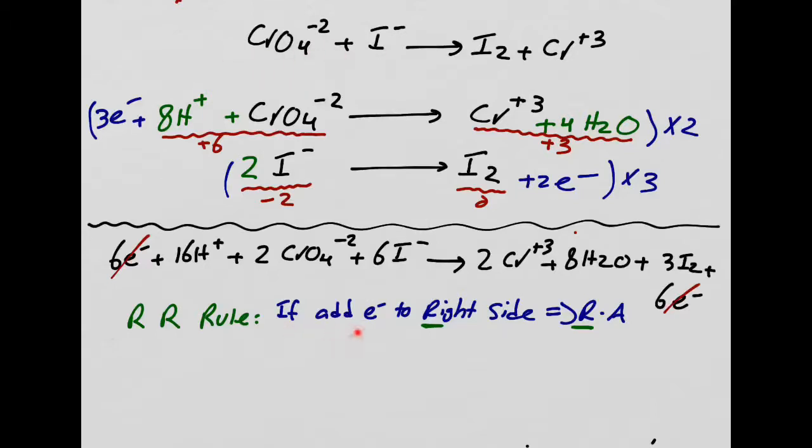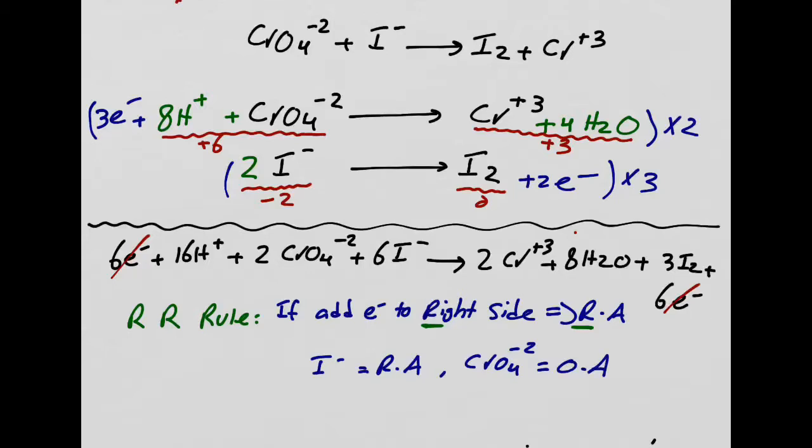So if I add electrons to the right, which I did over here, that means the I- is my reducing agent. If the I- is my reducing agent, that means the chromate has to be my oxidizing agent, because the other one has to be the oxidizing agent.